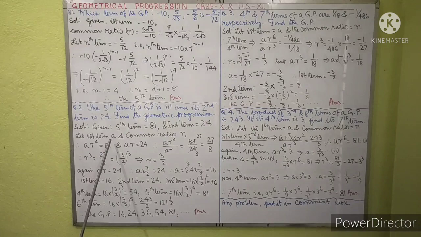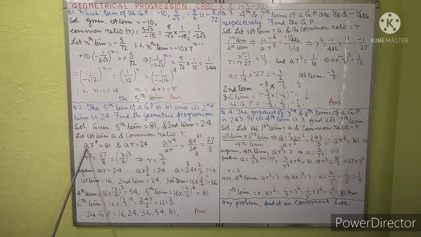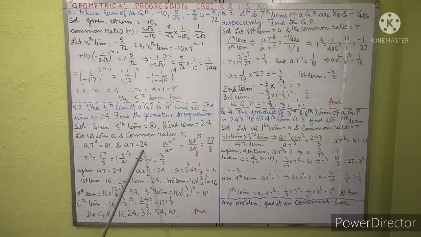Let the first term be A, in every sum you can take A as the first term and common ratio R. Therefore the fifth term, A into R to the power 4, equals 81, and the second term AR equals 24. Dividing these two, fifth term by second term, it is 27 by 8, and after cancelling we are getting R equal to 3 by 2.